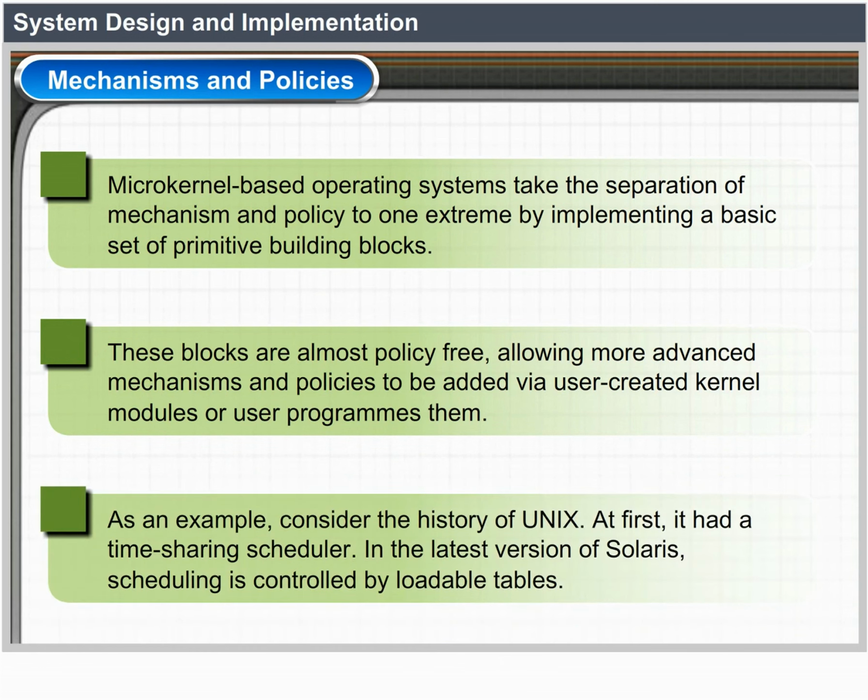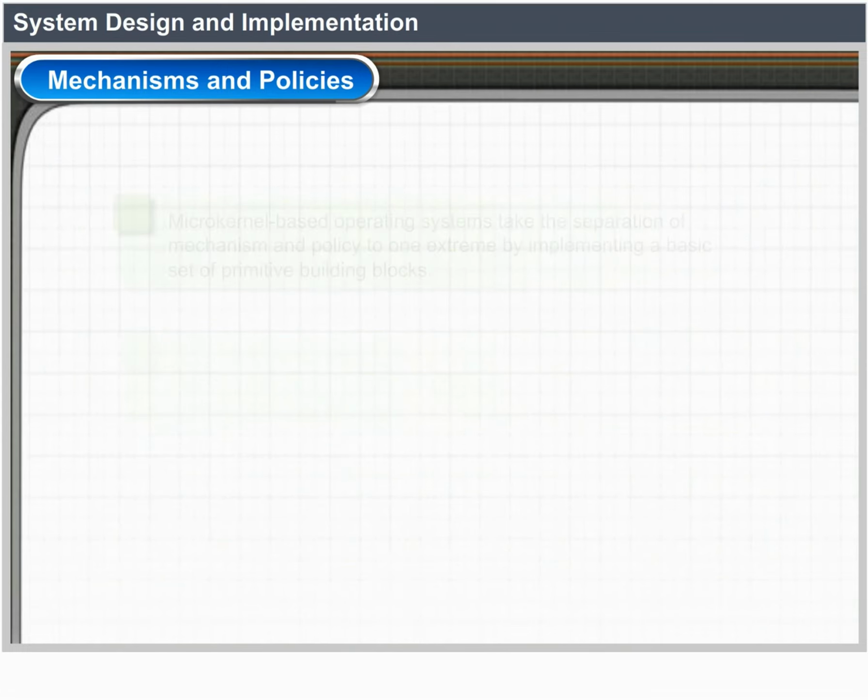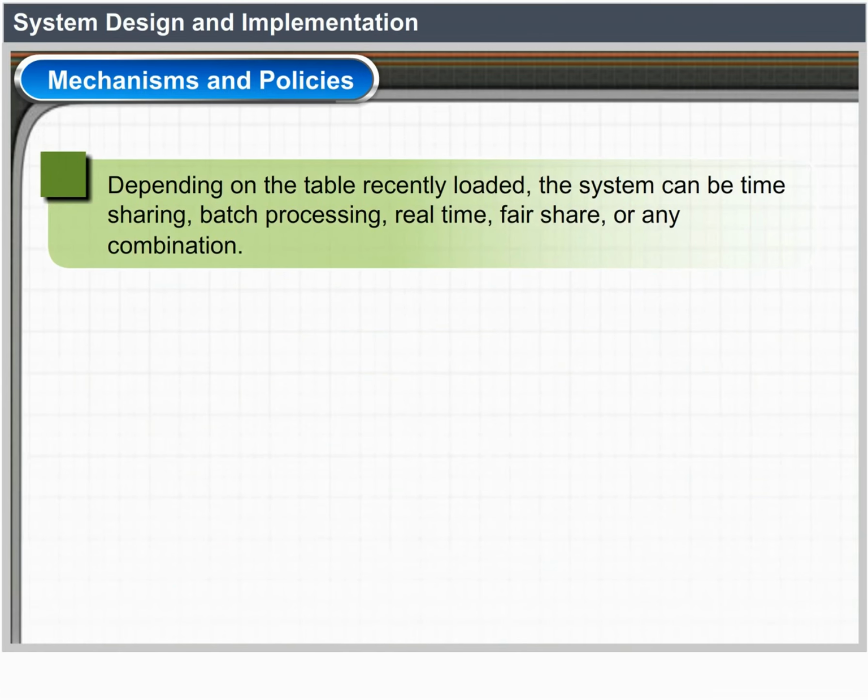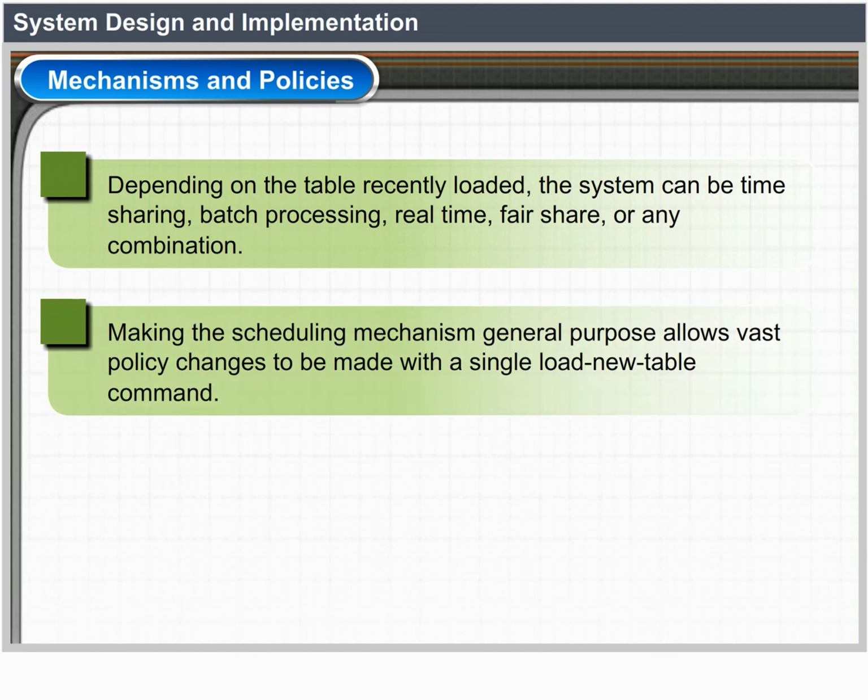In the latest version of Solaris, scheduling is controlled by loadable tables. Depending on the table currently loaded, the system can be time-sharing, batch processing, real-time, fair share, or any combination. Making the scheduling mechanism general purpose allows vast policy changes to be made with a single load-new-table command.